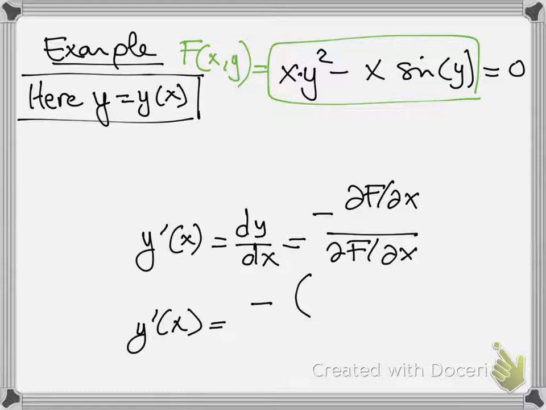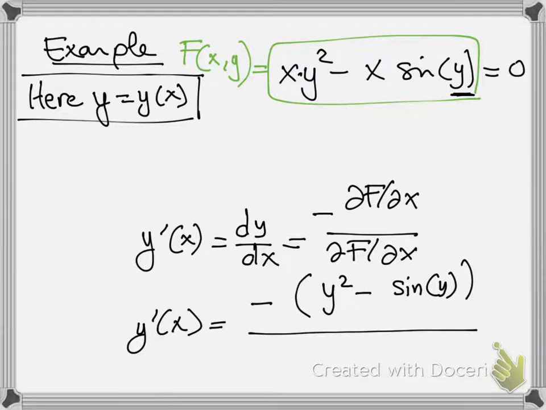So it's just equal to y squared, minus, and then the same here, sine of y is a constant, so x times sine of y. So the derivative with respect to x would be just sine of y. That's the numerator, partial f partial x.